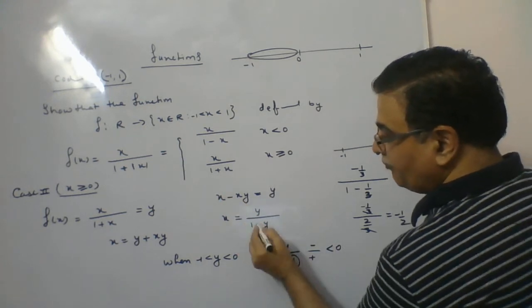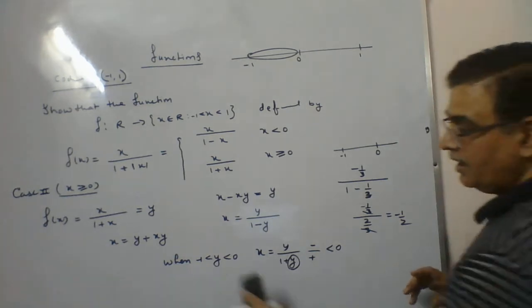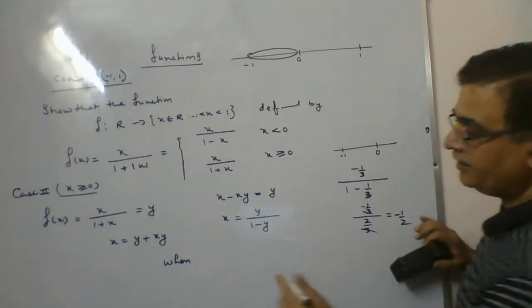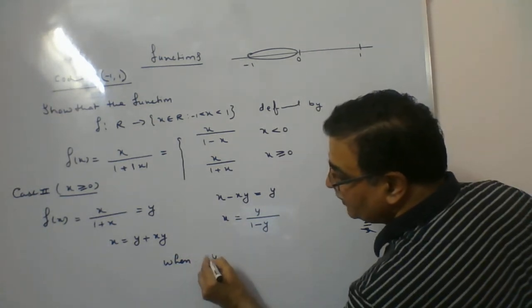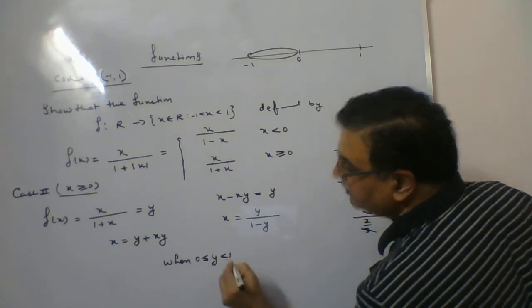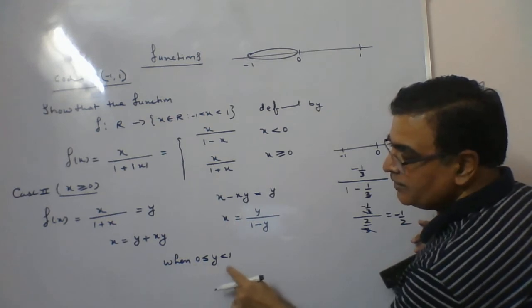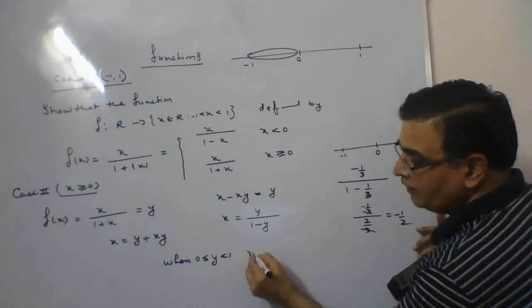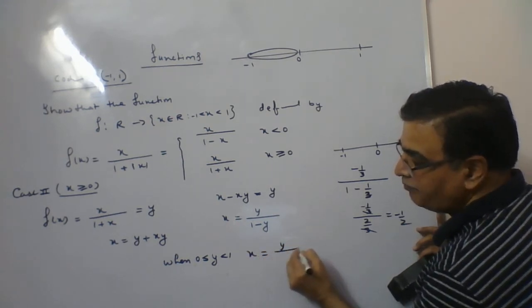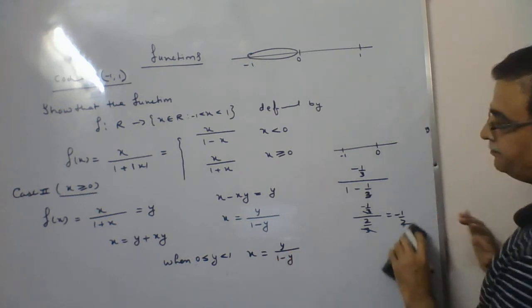So it will come out to be 1 minus y. And now second case, when I take y is between 0 and 1. Second part is 0 to 1. When you have y is between 0 to 1, what will be? You have x equals y by 1 minus y.